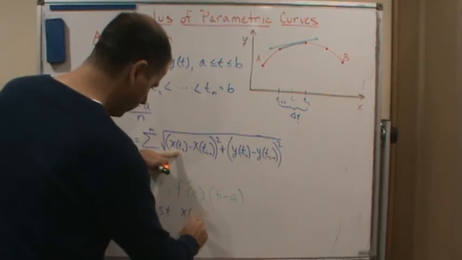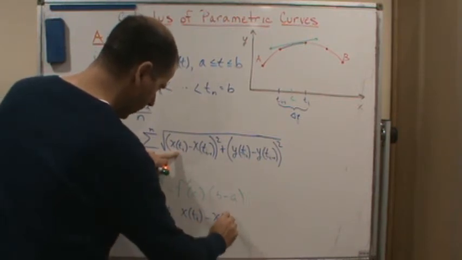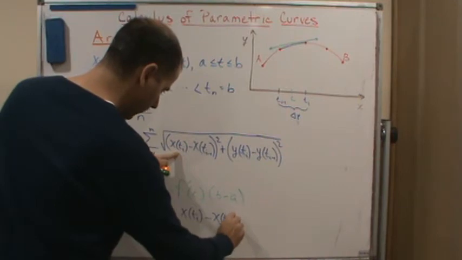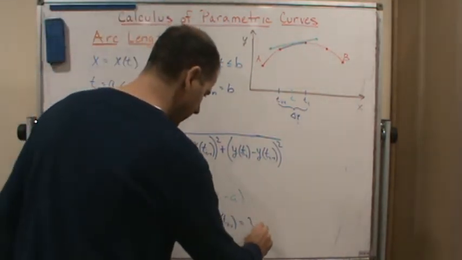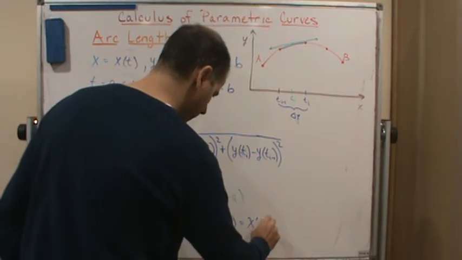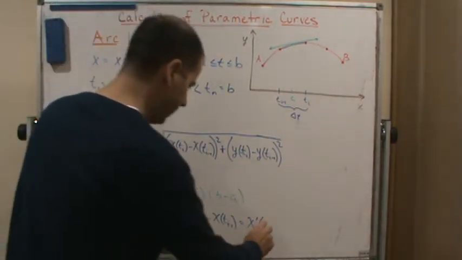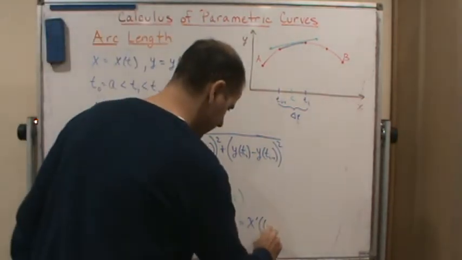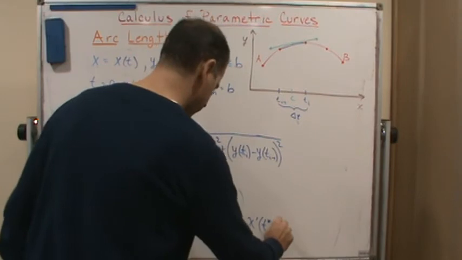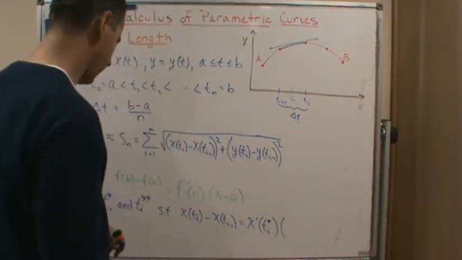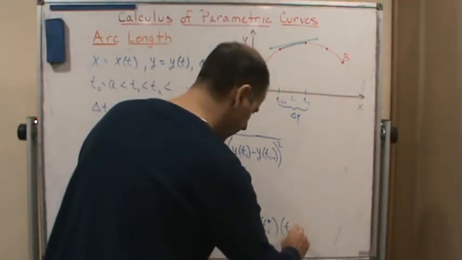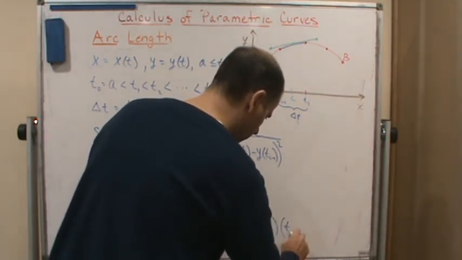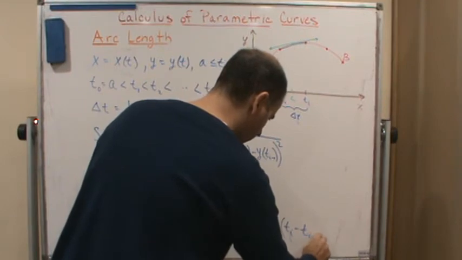x of t sub i minus x of t sub i minus 1 is equal to, and here's where the mean value theorem comes in, x prime of t sub i star times b minus a, which is just t sub i minus t sub i minus 1.